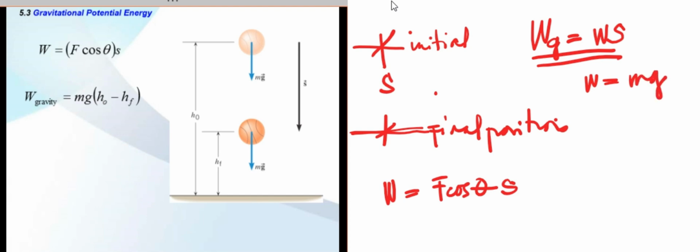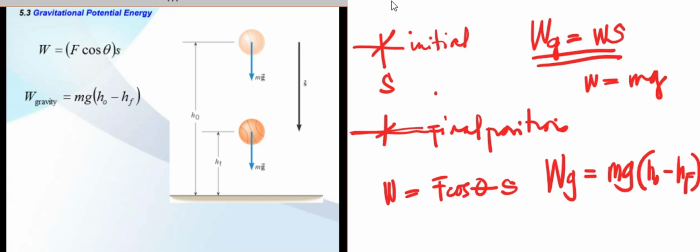That is why the work done by gravity is equal to mg times the displacement, initial minus final. Now this is your equation for work done by gravity.